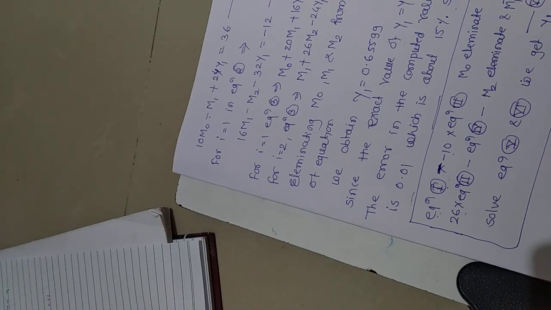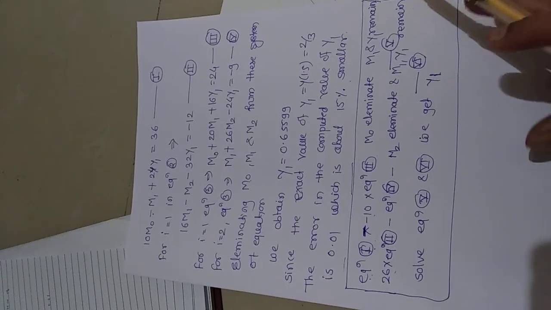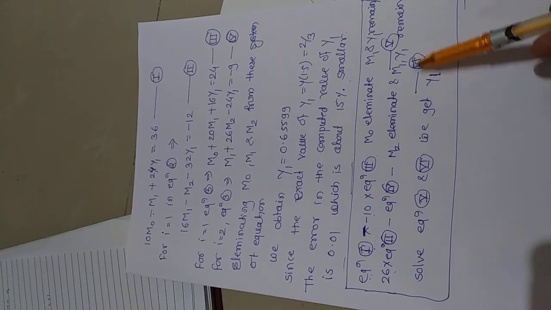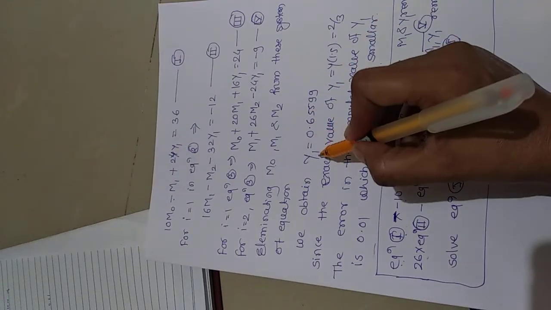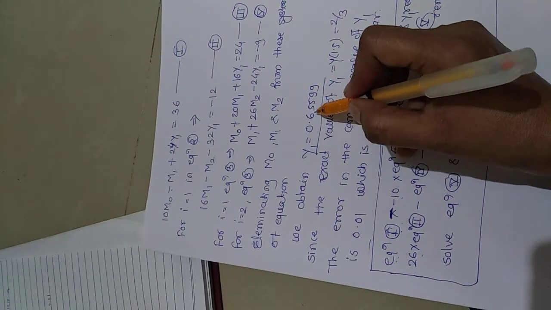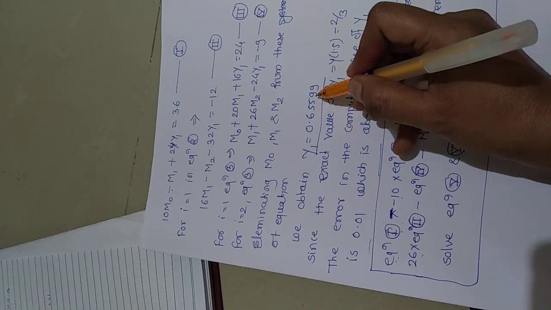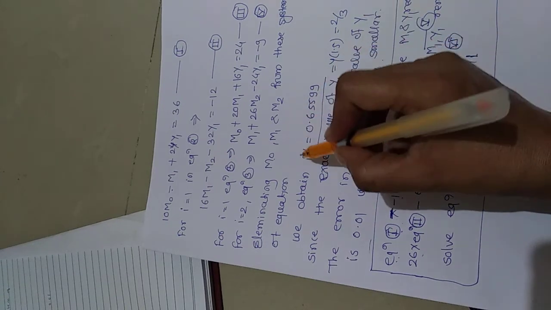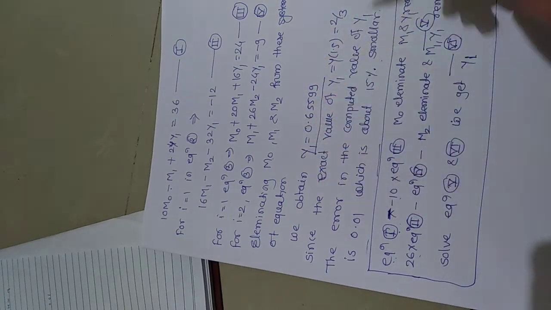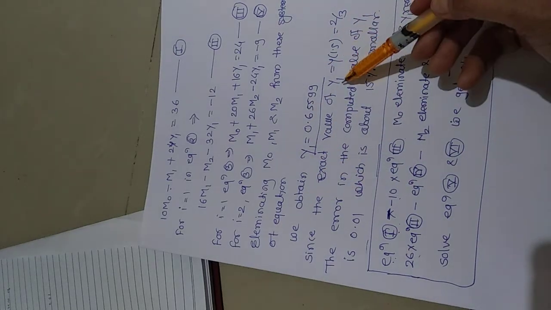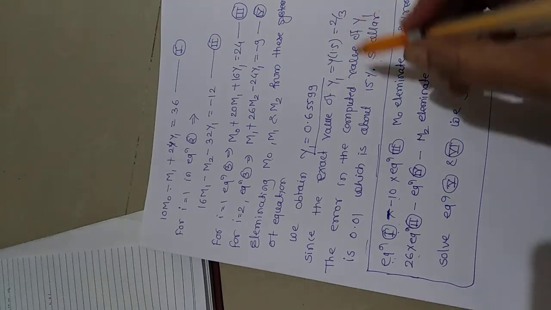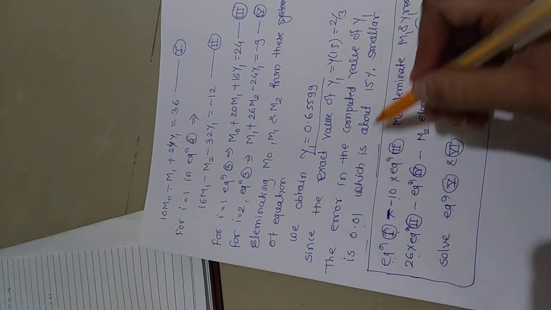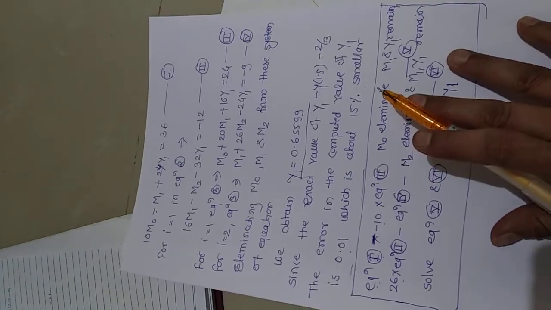That equation is taken as 6, and then by solving 5 and 6 we get y1, and that y1 is this value 0.65599, and the exact value of y1 is 2/3, and then the difference is equal to 0.01, which is about 15% smaller.